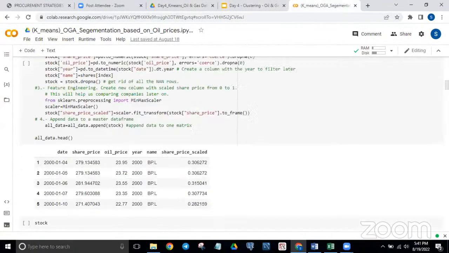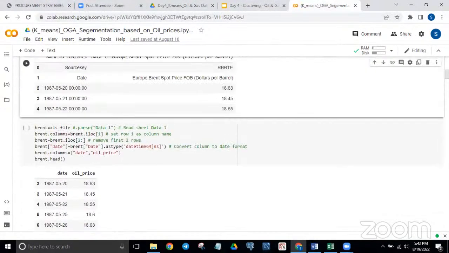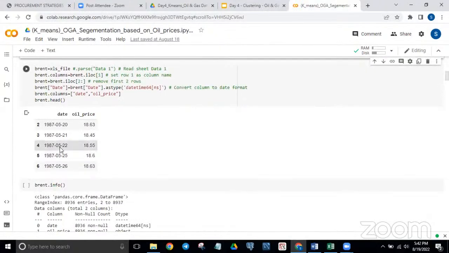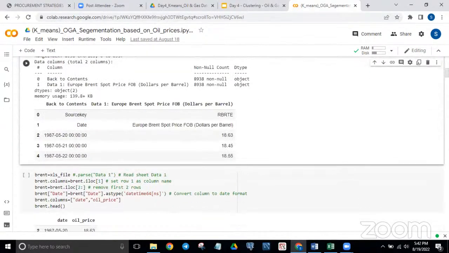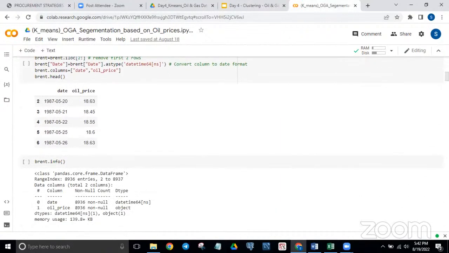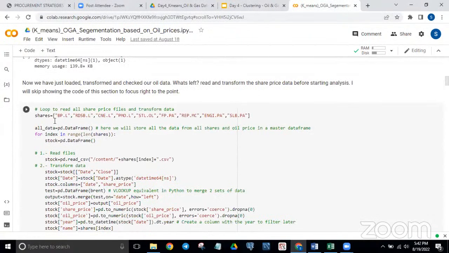First we have taken data that contains the date and oil price. This is my data, and I have taken the date and oil price here. Now, in this line of code, I have named this as shares.